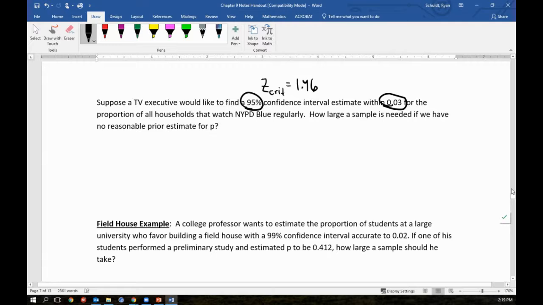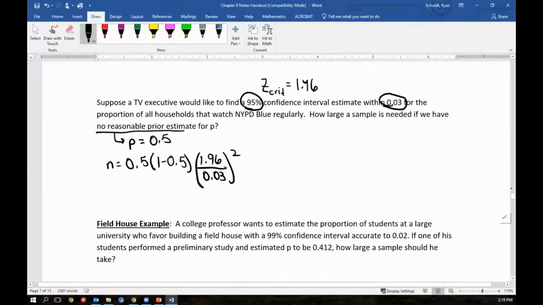And they ask how large of a sample is needed if we have no reasonable prior estimate. If we have no prior estimate to use, we have to use P equals 0.5. When we set up our calculation, 0.5 times 1 minus 0.5 times 1.96 over 0.03, squared.